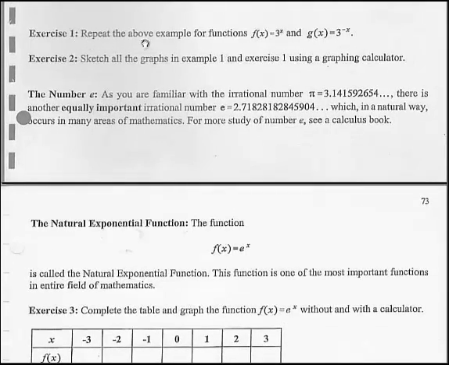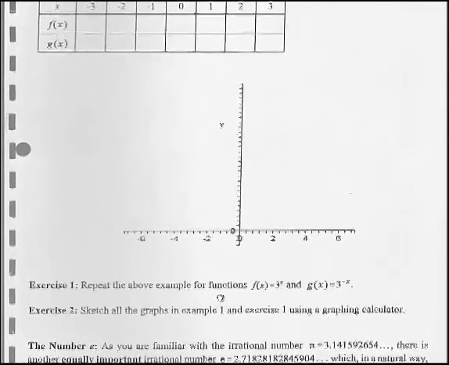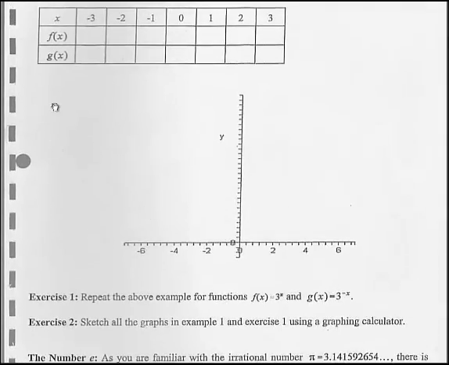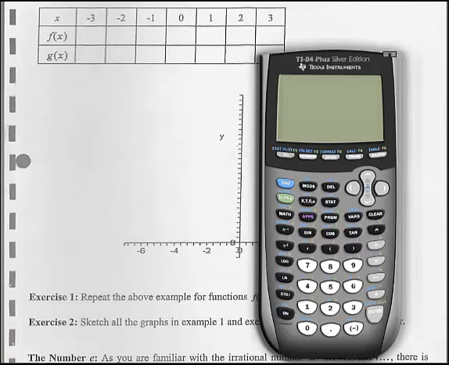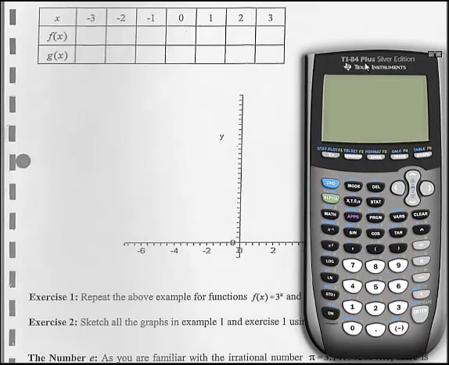Exercise 1, it says repeat the above example for functions f of x equals 3 to the x and 3 to the negative x, and then we also want to sketch those on the graph above as well. I am going to take a shortcut, and I'm going to use my calculator to generate these tables.